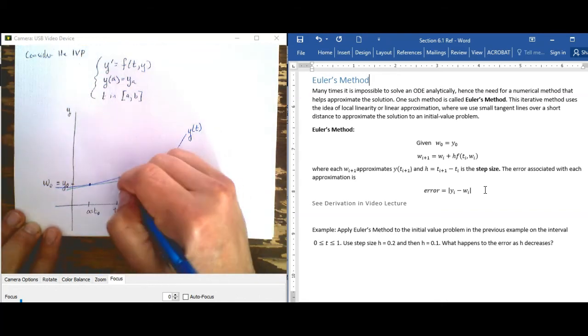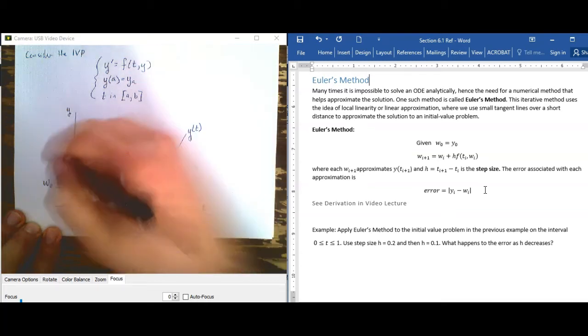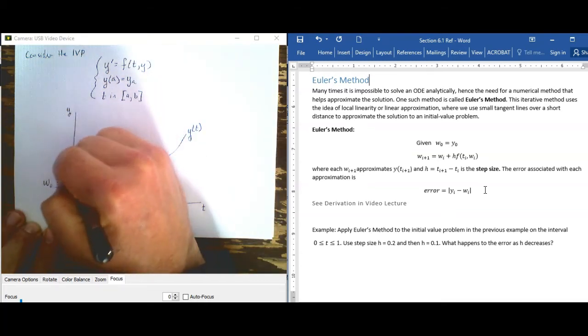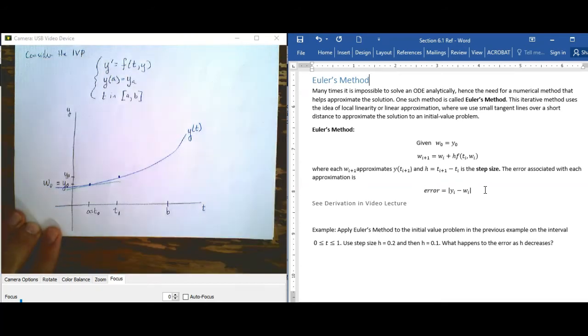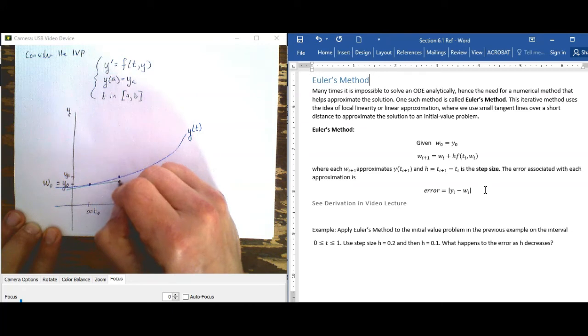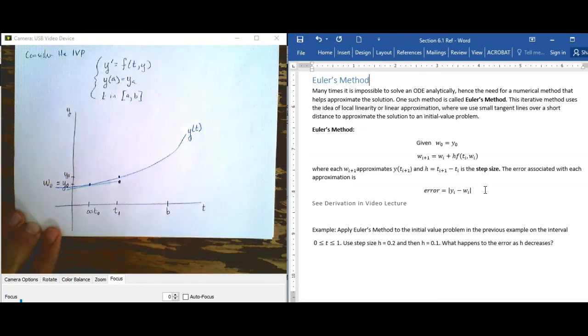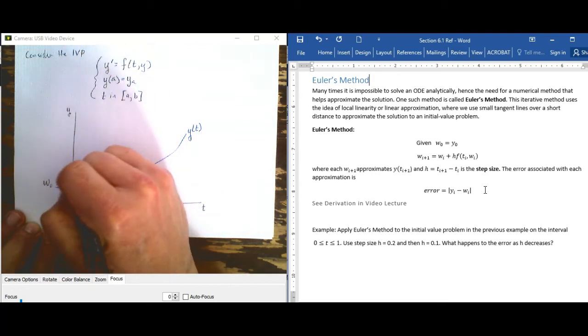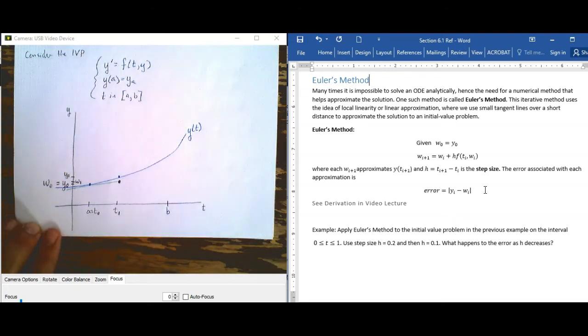So the actual function value here would be y1. Right? Euler's method approximates this point on the function to be this point right here. So that would be maybe right about there. We'll call that w1.